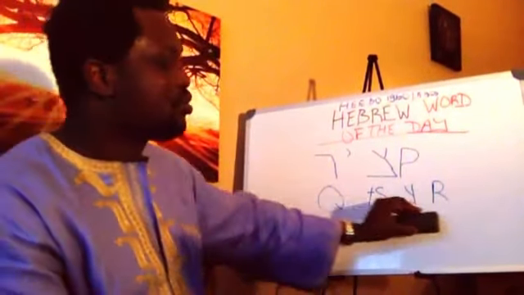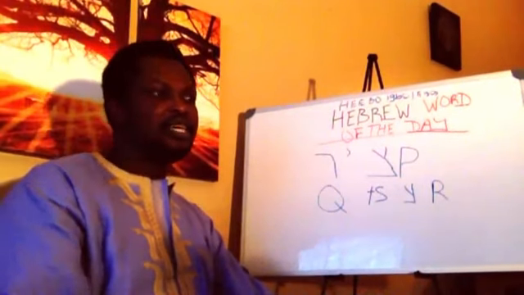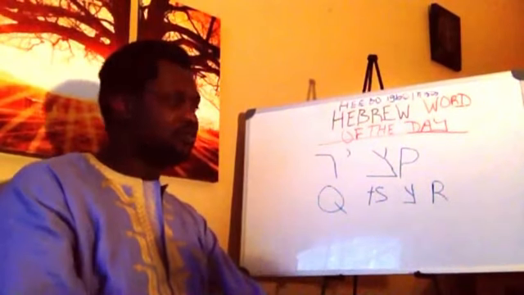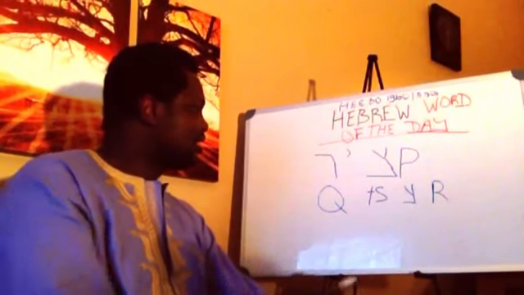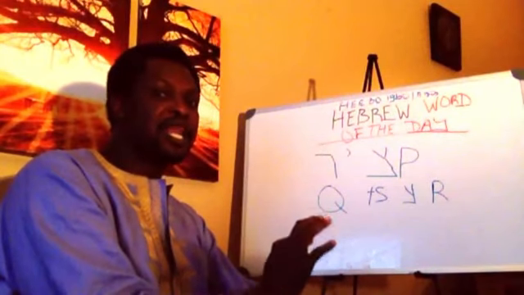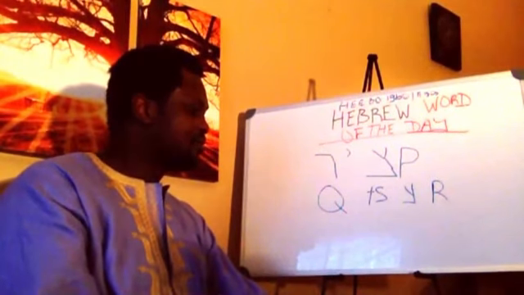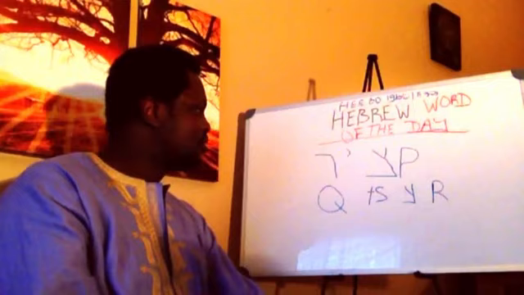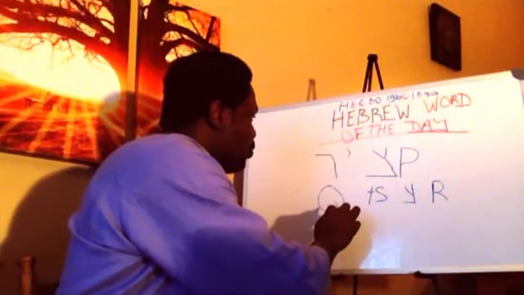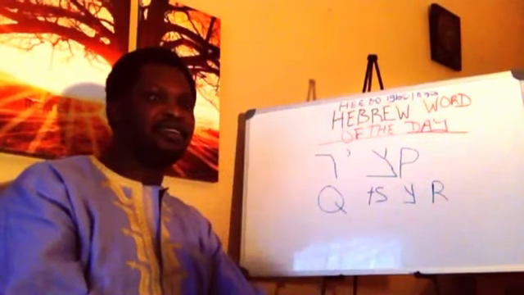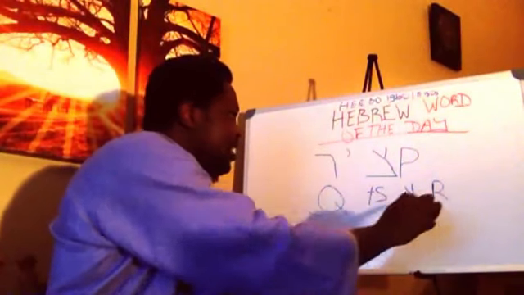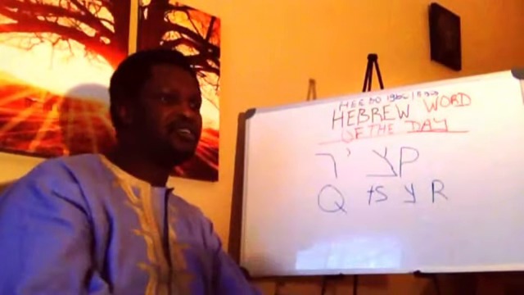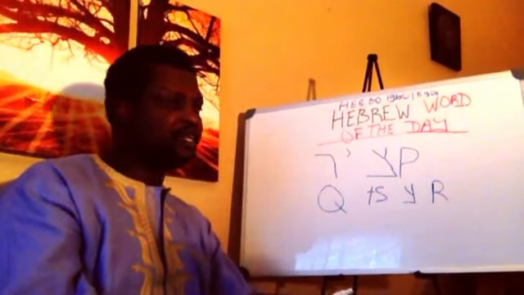So these are the natural characters in this word. You see that? You can actually pronounce it with the natural characters, so you can pronounce it kwashir. Kwashir or kwashiero is the Hebrew word of the day.